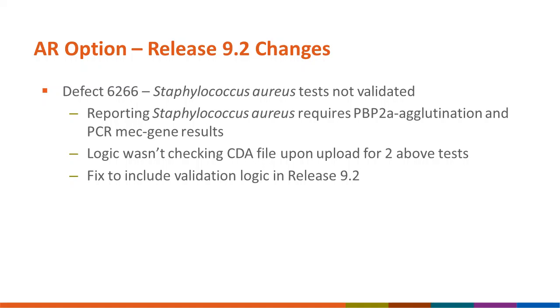Validation to check for these 2 tests will be included in the upcoming 9.2 release. So we wanted to make sure you were aware of this, as you may need to update your software to include these 2 tests in your CDA files for Staph aureus events. As a reminder, if these 2 tests are not included for Staph aureus events, then the CDA file will not be accepted into NHSN.